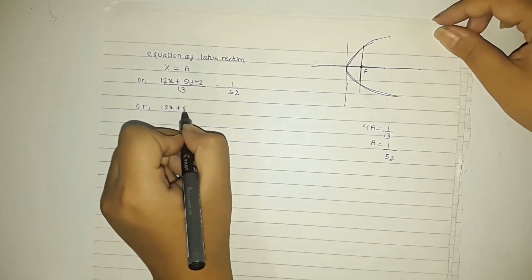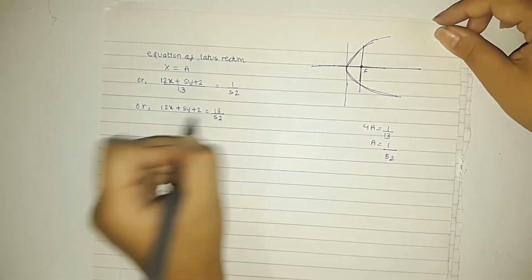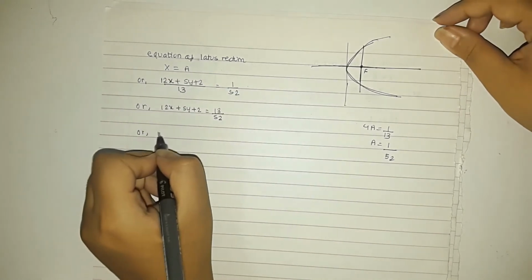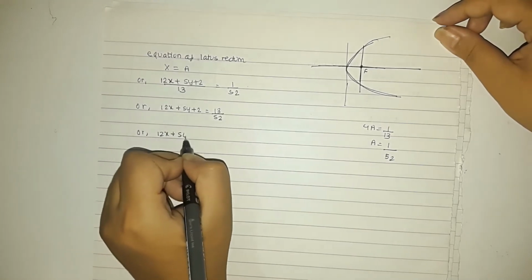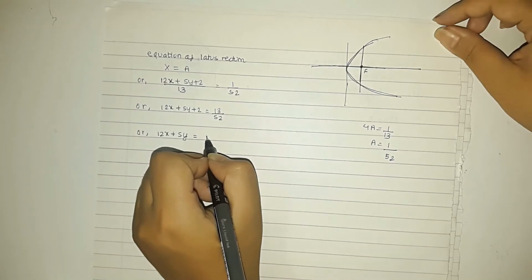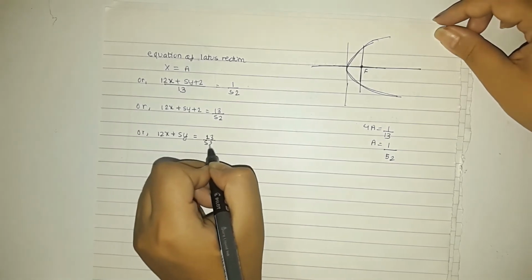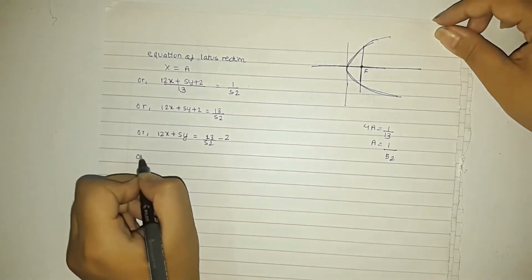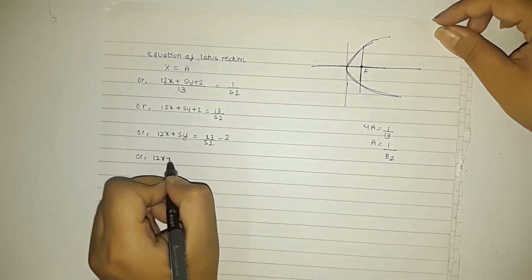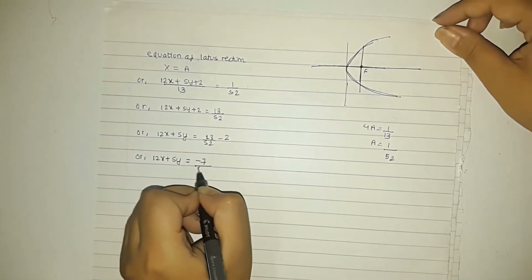So we can write 12x plus 5y plus 2 equals 13 by 52, or 12x plus 5y equals 13 by 52 minus 2, and we get 12x plus 5y plus 7 by 4.